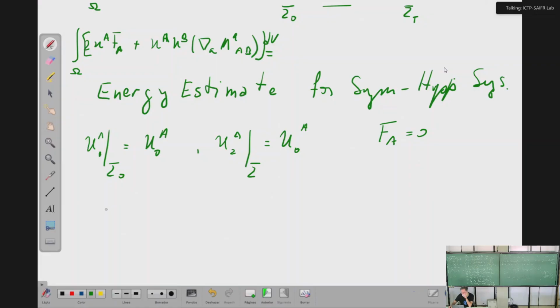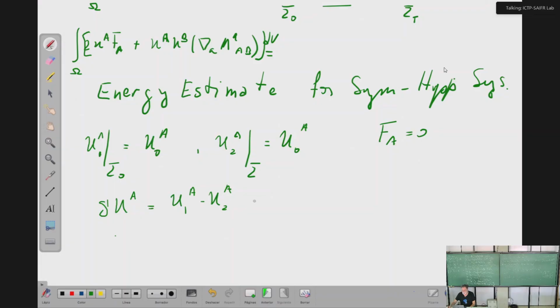And then what we have is that delta u, the difference between these two solutions, is u1 minus u2, and this satisfies the same equation with 0, right? Because these equations are linear.